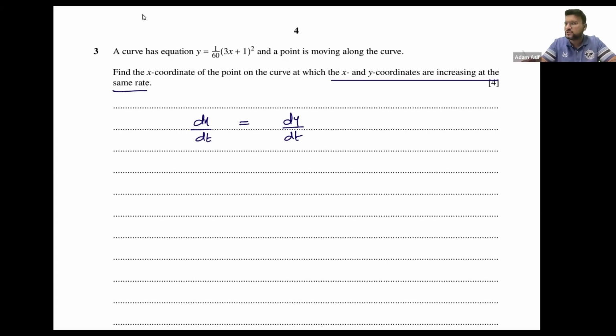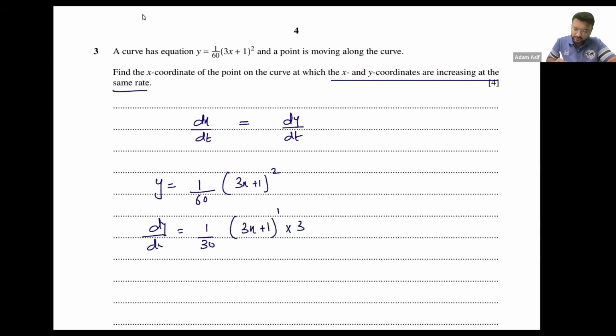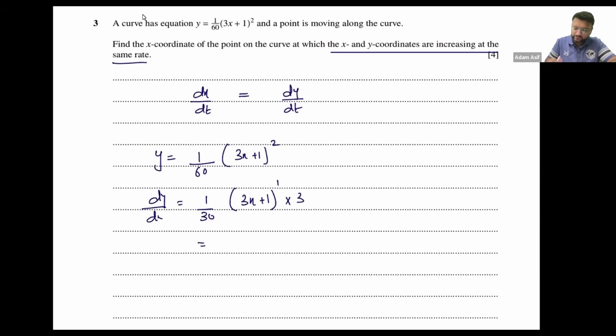We have been given the equation of the curve. So when you differentiate this equation, you are going to get dy by dx. So what's dy by dx? 1 upon 30 times (3x plus 1) to the power of 1 times 3, which is 1 upon 10 times (3x plus 1).